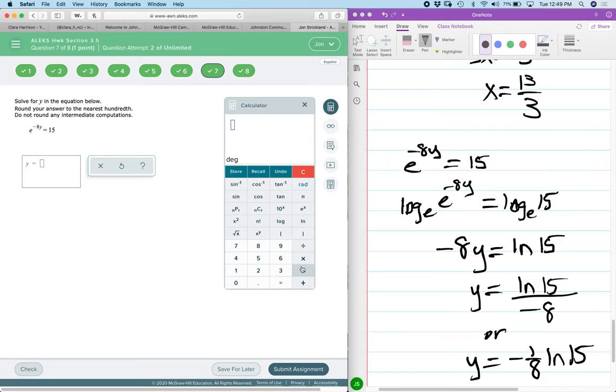If we take negative 1/8, with the cursor blinking to the right, times the natural logarithm of 15, we have about minus 0.34.